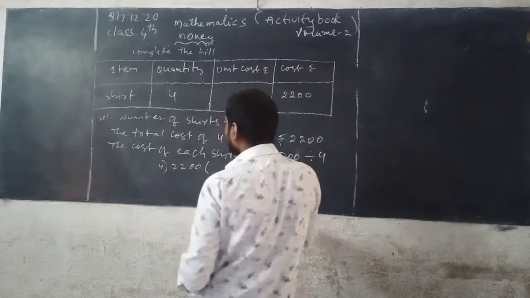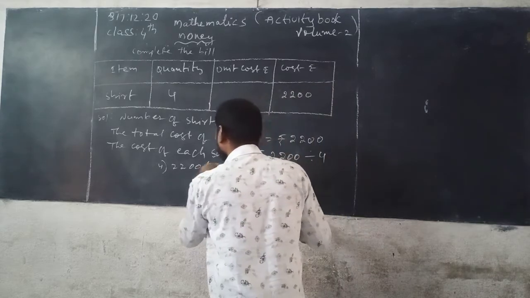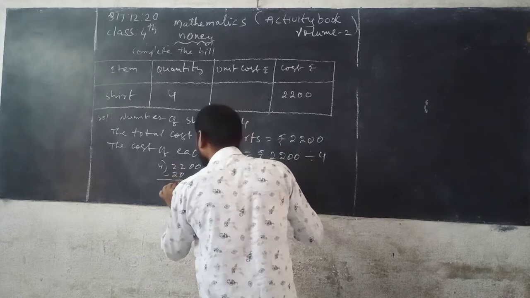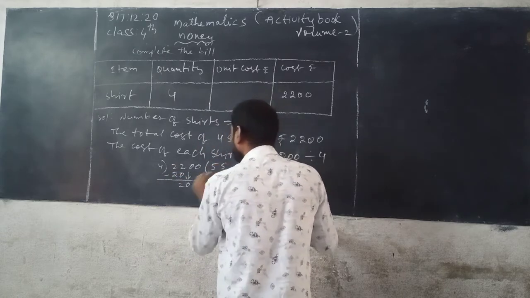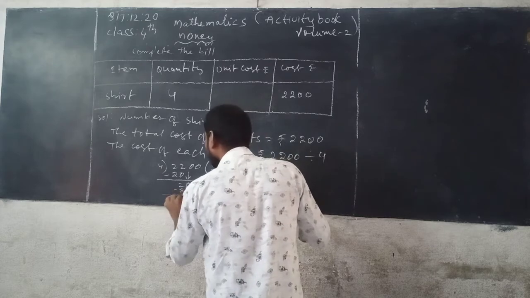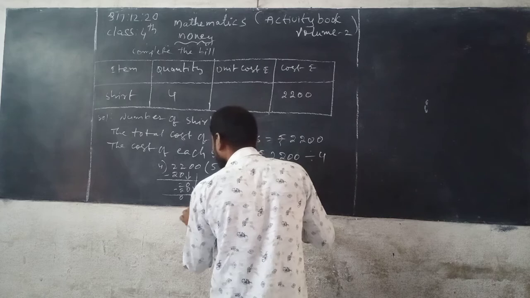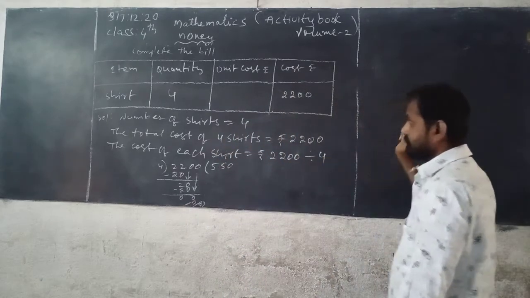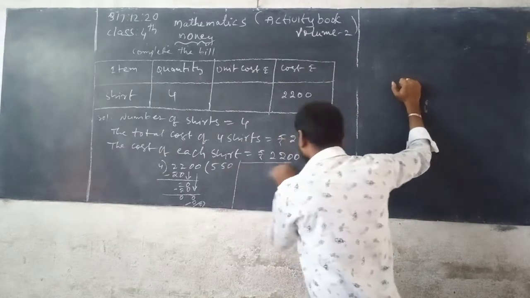So I have to take in the dividend the left side 2 digits. 4 5s are 20. 2 minus 0, 2. Bring down 0 to the remainder. Again 4 5s are 20. 20 minus 20, 0. Again bring down 0 to the remainder. 4 zeros are 0. 0 minus 0, 0. So write down everybody.